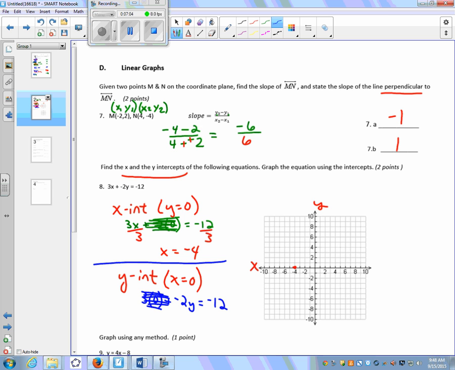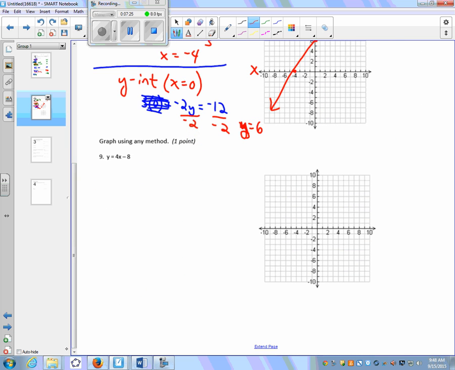That's just 0. So now we divide both sides by negative 2, and y equals positive 6. So the y-axis is here, positive 6 is here. The line goes through those 2 intercepts, and that is how we graph that equation.